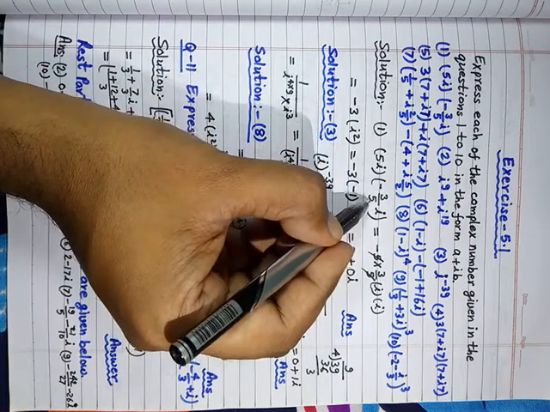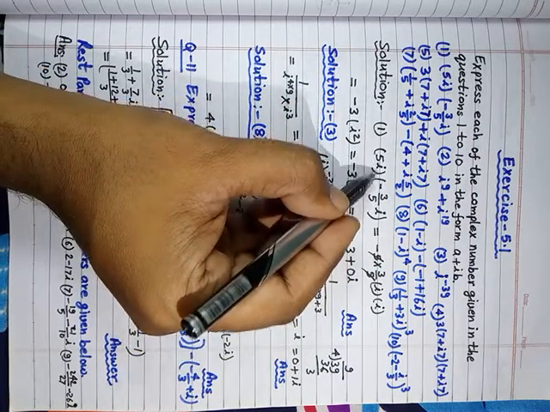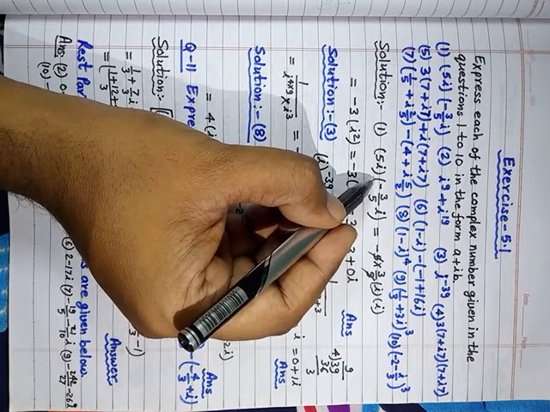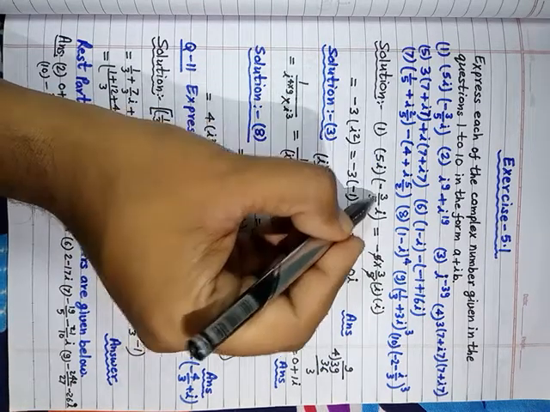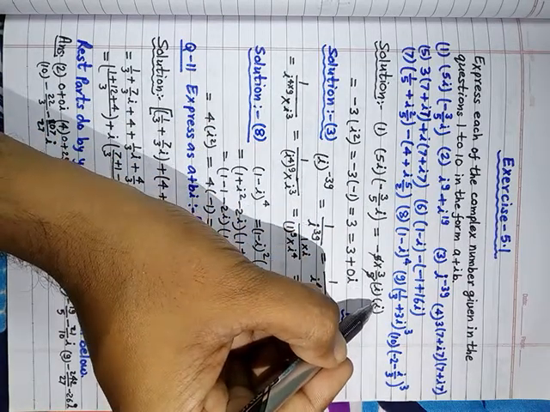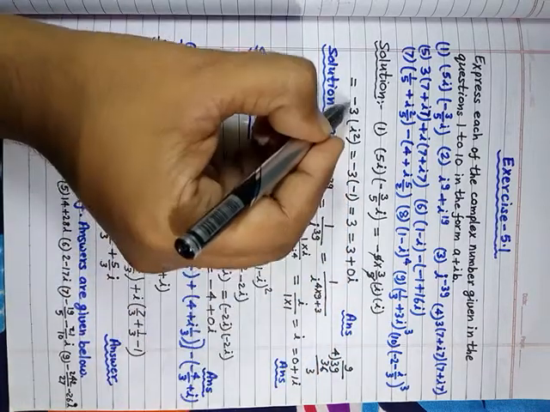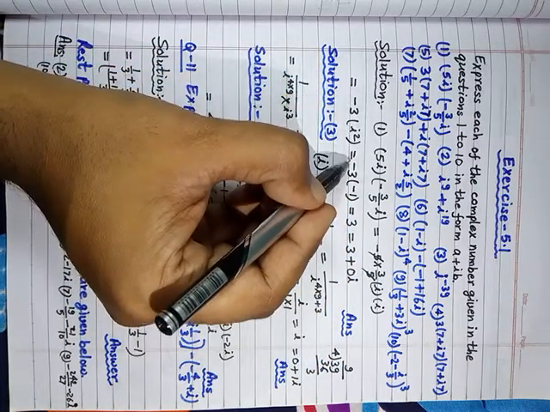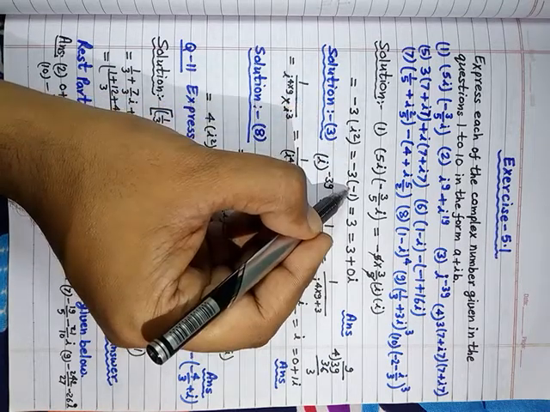5i into minus 3 by 5i. Here two complex numbers are given and we have to multiply, so 5 into minus 3 by 5 into i into i. 5 cancelled, and then minus 3 i squared is equal to minus 3 into minus 1, because i squared is equal to minus 1.